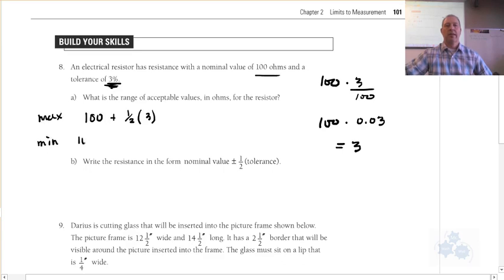The minimum is 100 minus 1/2 of the tolerance. So this is going to be 101.5. And this one is going to be 98.5. And that would be ohms.